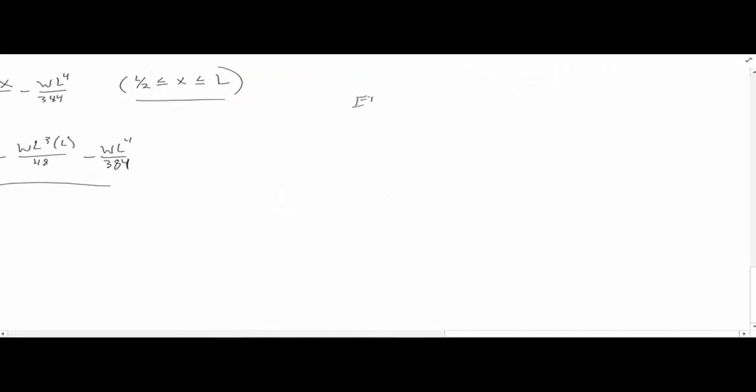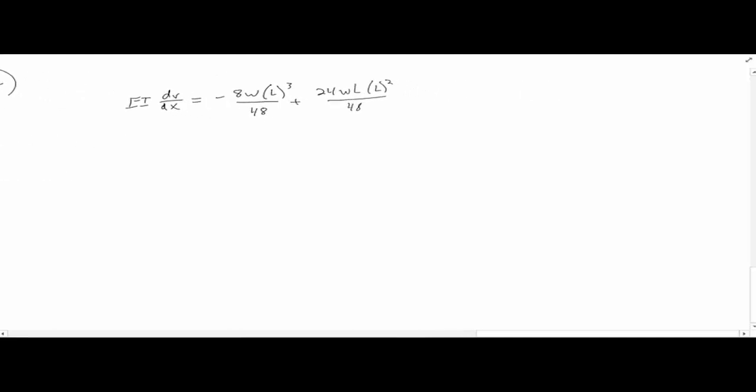We can say EI d nu over dx then equals negative 8W multiplied to L cubed divided by 48 plus 24 WL multiplied to L quantity squared over 48, and then minus 24 WL squared multiplied to L, again divided by 48, plus WL cubed over 48.